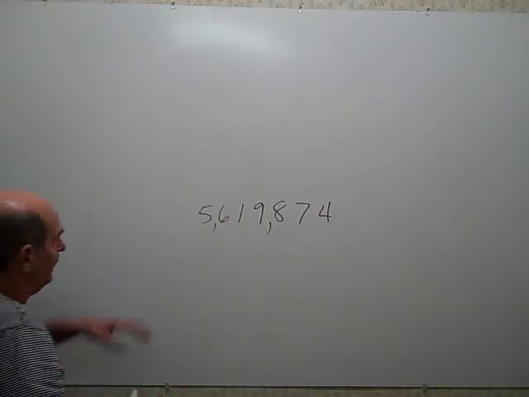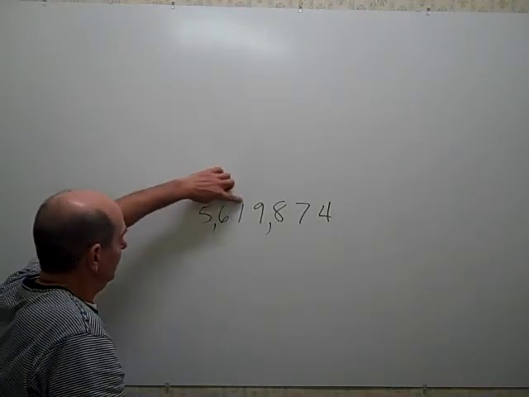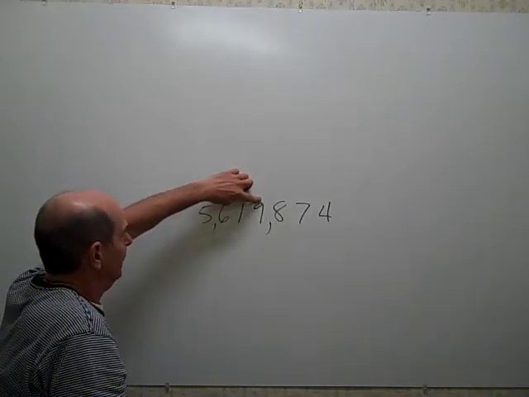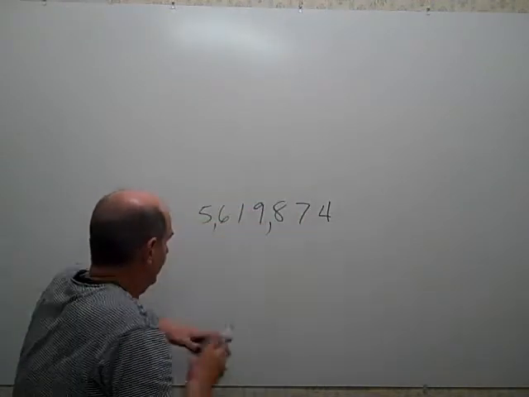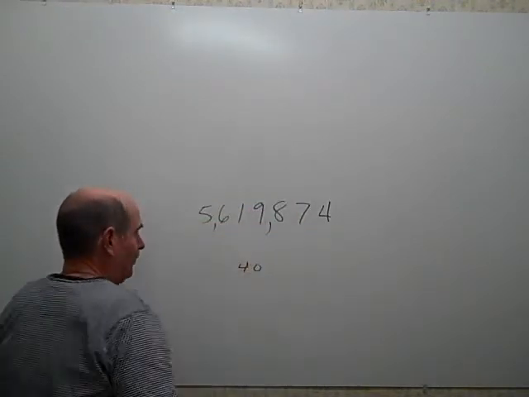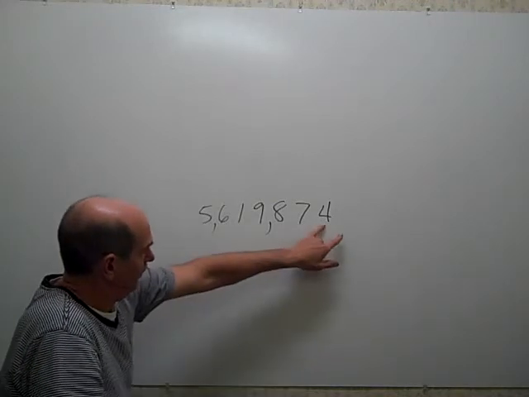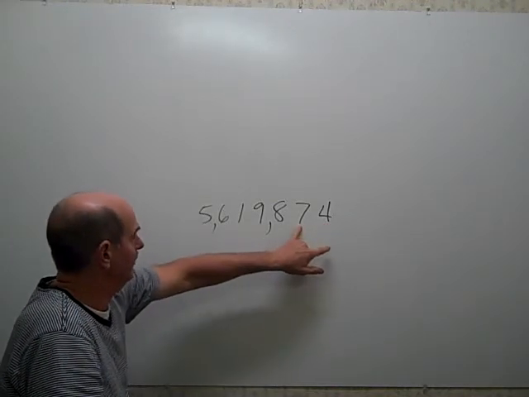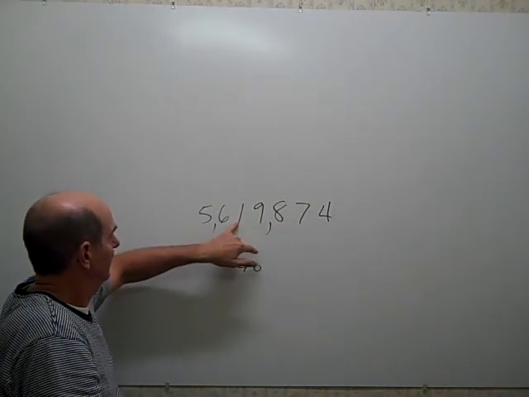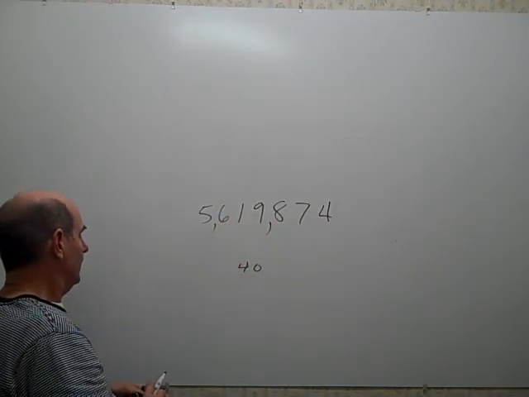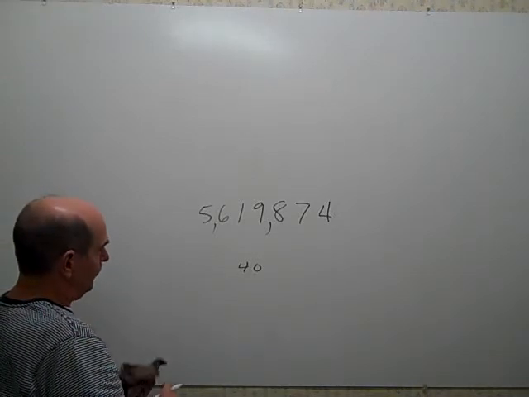5,619,874. When you add the digits, you get 5 and 6 is 11, then 12, 21, 29, 36, and 40. Let me do that again in reverse order. So 4 and 7 make 11, and 8 is 19, 9 more is 28, 29, 35, and 40. Okay, is 3 going into 40?